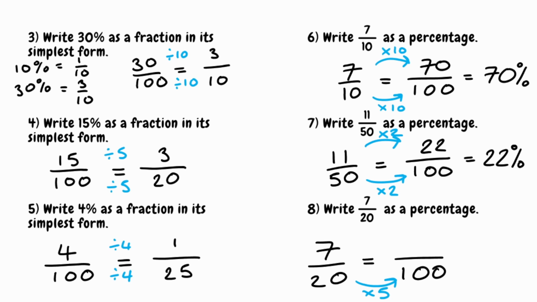To keep things equivalent, I'm going to also do the same to the top. So 7 multiplied by 5 is just going to give me 35. So 7/20 is equivalent to 35 hundredths. But now that I've got that fraction over 100, I know that the numerator part is the percentage. So 7/20 is equal to 35%.